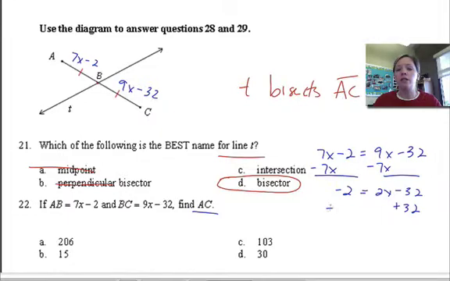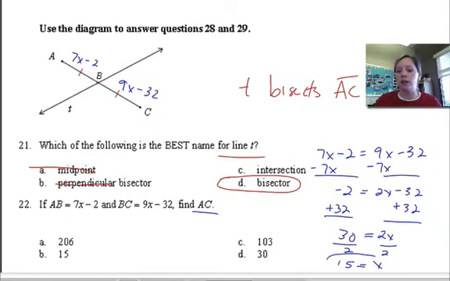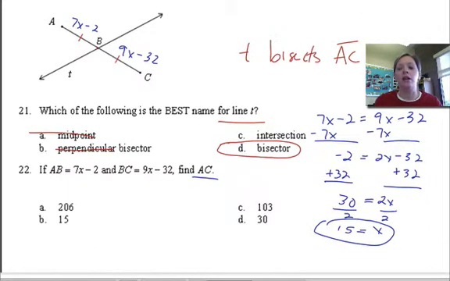Now adding 32 to both sides is going to give me 2x equals 30, and dividing both sides by 2 gives me x equals 15. Now, you might be fooled into answering B. The answer is not B because the question says find the length of AC. We have to plug that in.